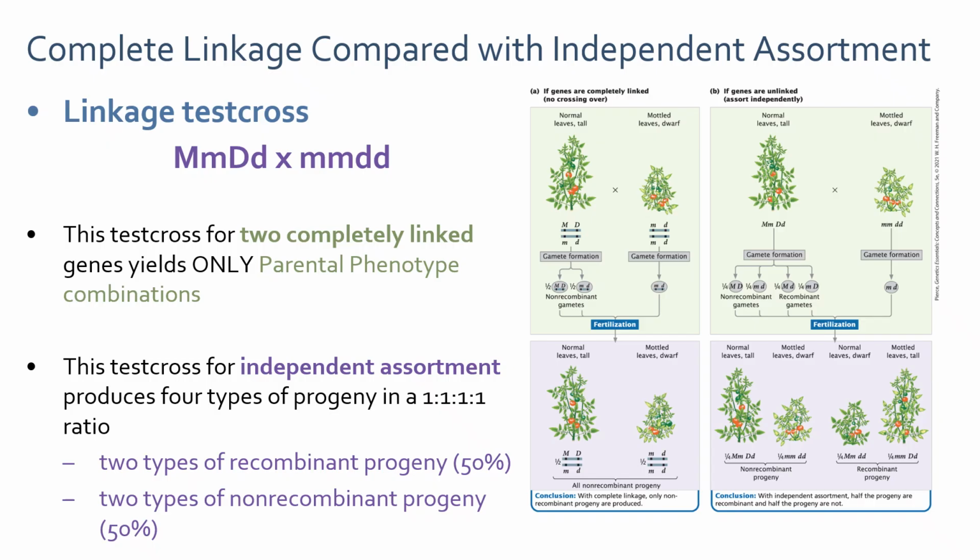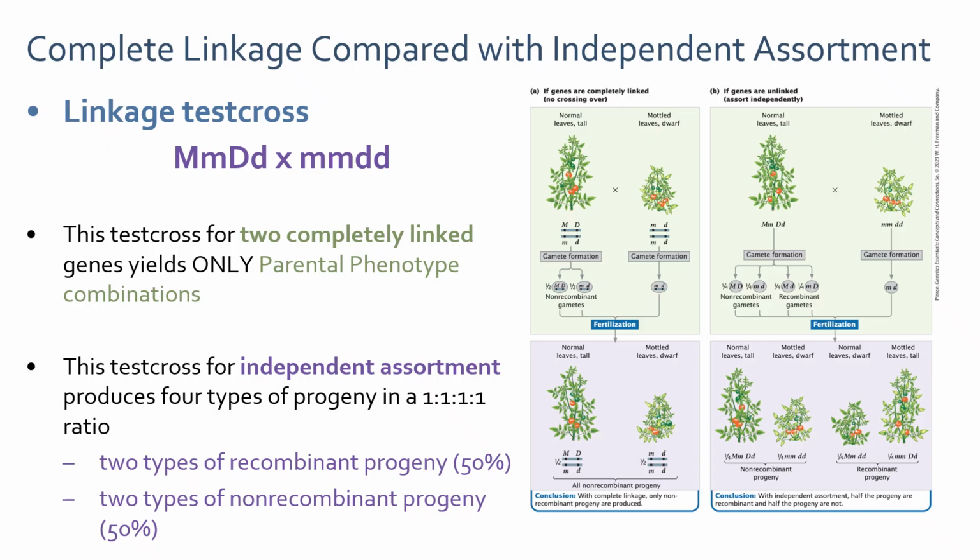And so they started using these recombinant phenotypes to help determine the relative distance between two genes. And so in order to do that, we are going to look at what we call a linkage test cross.